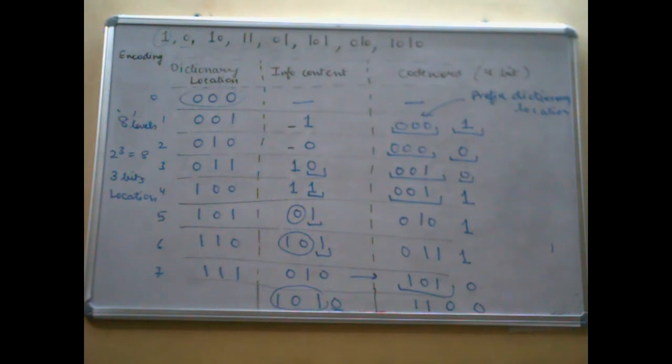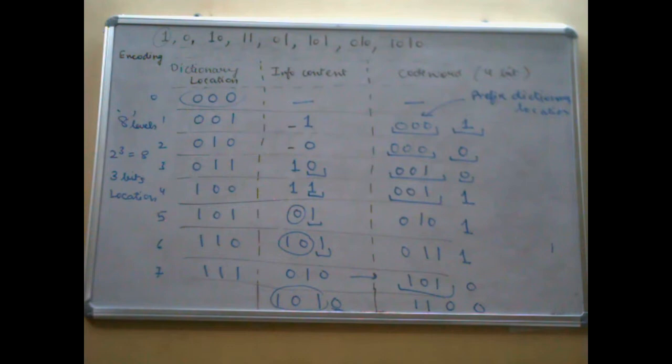So for 8 we will require a 3-bit system. So for 3 bits, its values are given as 0 to 7, as written in the dictionary location. And then we have to leave the information content and the code word of 000 as empty.